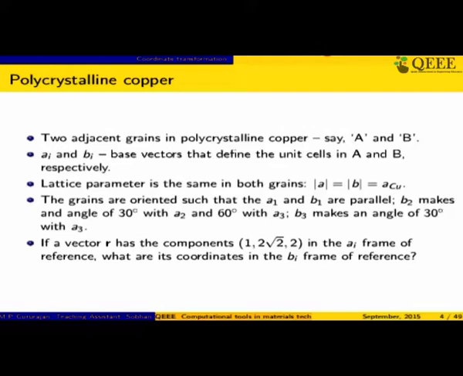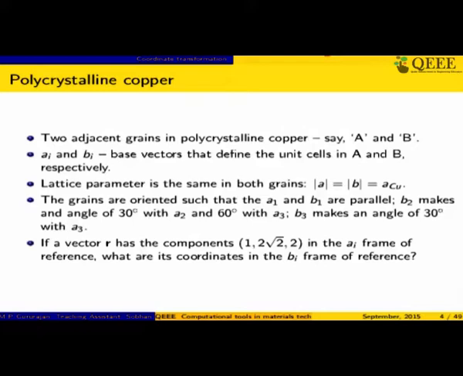That will be considered as one grain. And if you move away from that region, there will be another region where they are aligned but differently than in A. So those are known as B region. So we have two adjacent grains. And the base vectors that define the unit cells in A and B, let them be given by Ai and Bi. Because this is a three-dimensional structure, Ai will have A1, A2, A3, Bi similarly will have B1, B2, B3.